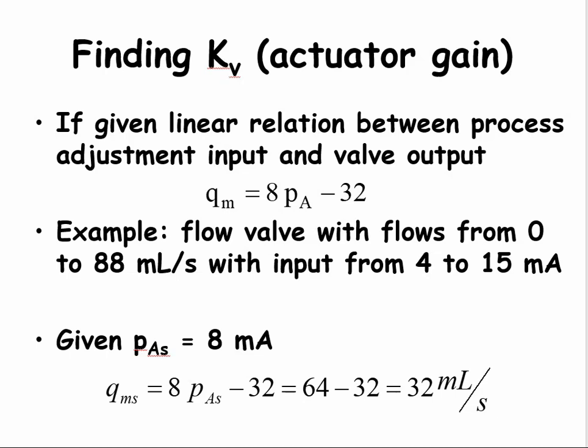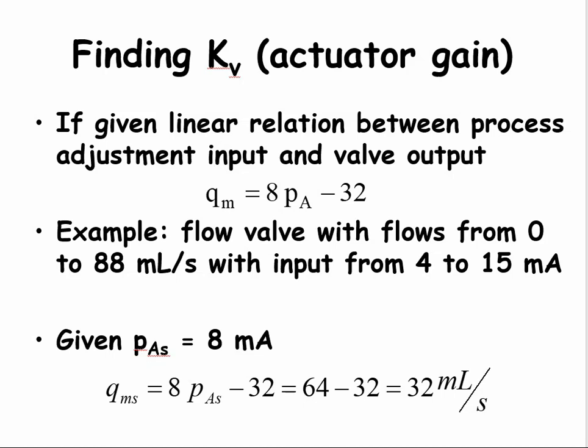Electrical signals usually use current ranging from 4 to 20 milliamps. Pneumatic control signals are usually air pressure. The ranges vary. In most cases, we will assume that the relation between the input control signal, whether electrical or air pressure, is linearly related to the actuator output.